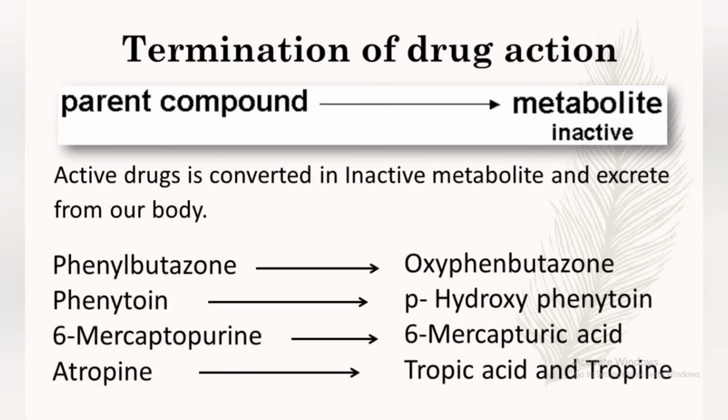Some examples: phenylbutazone is converted to oxyphenbutazone, which is the inactivated form. Phenytoin is converted into p-hydroxyphenytoin. 6-mercaptopurine, which is an anti-cancer drug, is converted to 6-mercapturic acid. Atropine is converted to tropic acid and tropine, which are inactive.